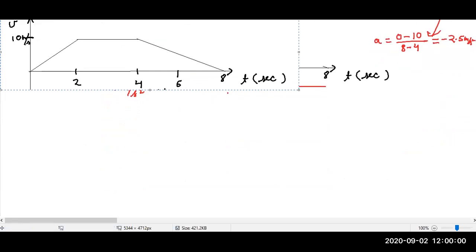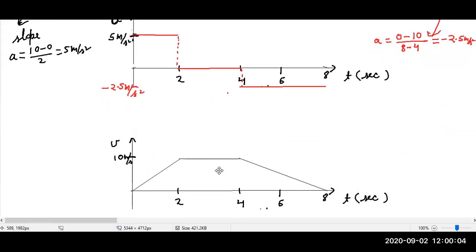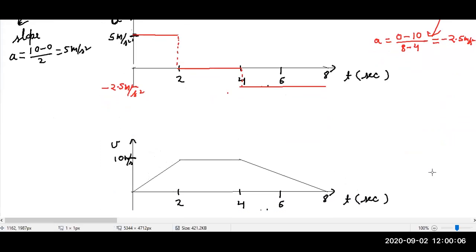Okay, similarly we have to draw the displacement time graph. So what changes are we going to make here? This will become the displacement. So now this is suppose S, and this is time. Okay.